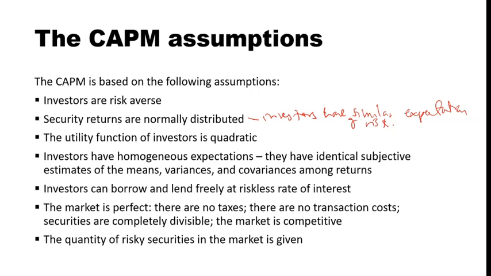Now, the utility function of investors is quadratic. When we are talking of utility, we are simply talking about investor preferences. The preference function is quadratic. This simply means that investors prefer more to less.